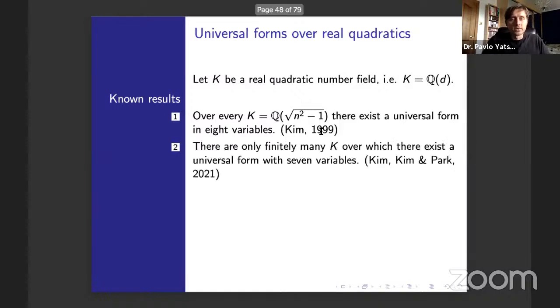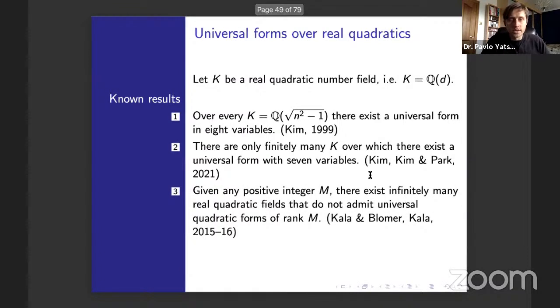And a recent result by Kim and Park shows that there are only finitely many totally real quadratic number fields over which 7 variables is sufficient to be universal, right? So we have finitely many cases up to 7 variables and infinitely many cases with 8 variables and more.